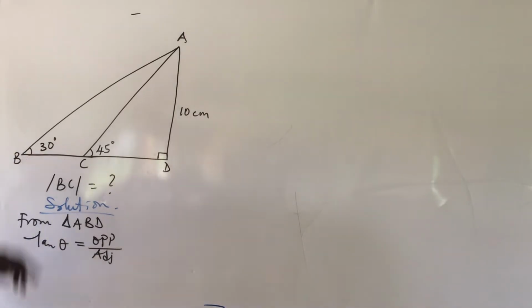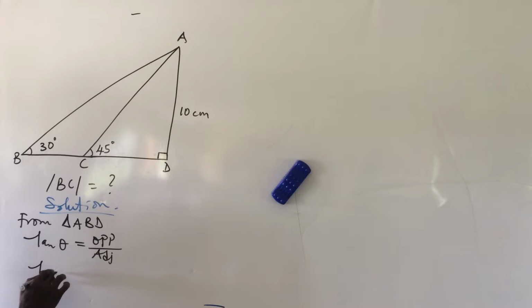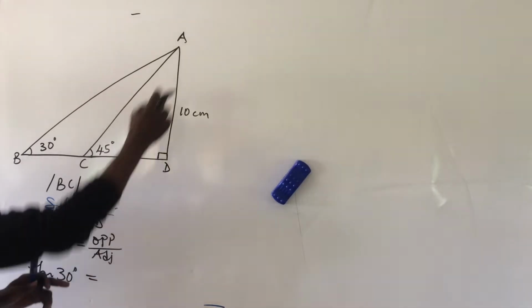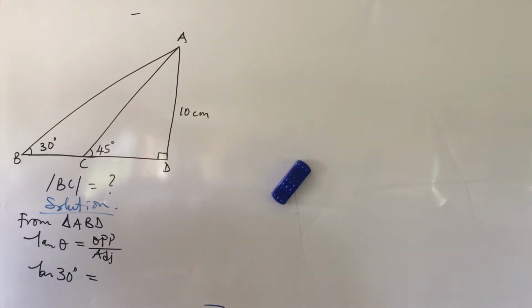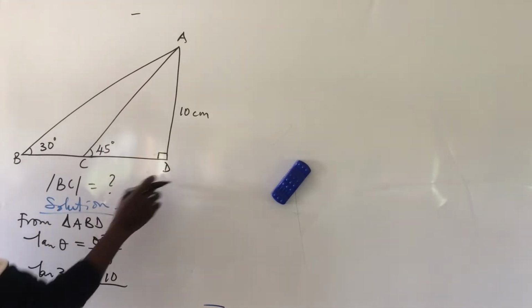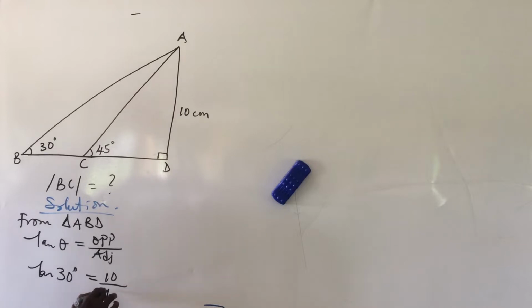This is our theta. So this will give us tan 30° equal to, what is our opposite? It's 10 cm, line AD, all over BD, which is not given. So BD remains there.